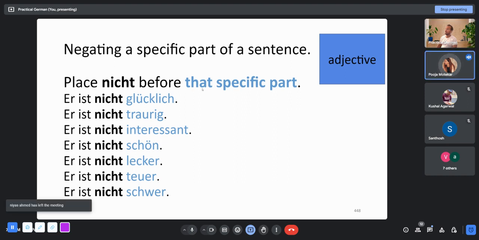Er ist nicht glücklich. Er ist nicht traurig. Er ist nicht interessant. Er ist nicht schön. Er ist nicht lecker. Er ist nicht teuer. Er ist nicht schwer.